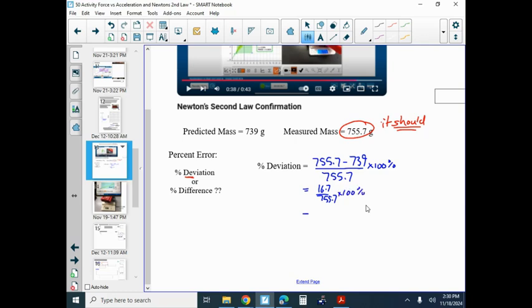It ends up being around 2% error, which is pretty darn good for a quick little experiment that really is designed to help you understand the connection between force and acceleration, and that it's mass, and really that is Newton's law, right?